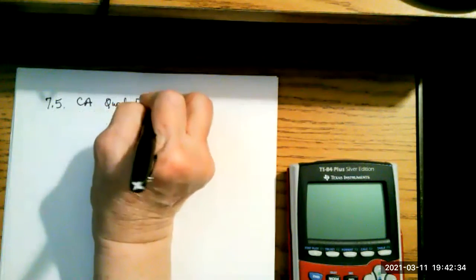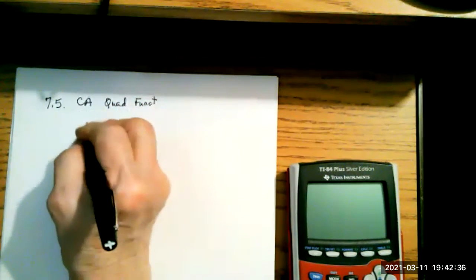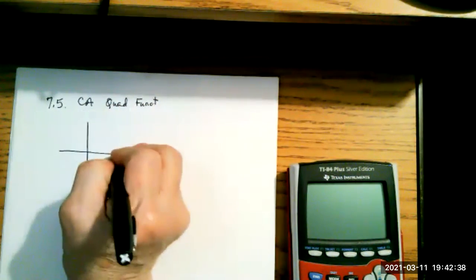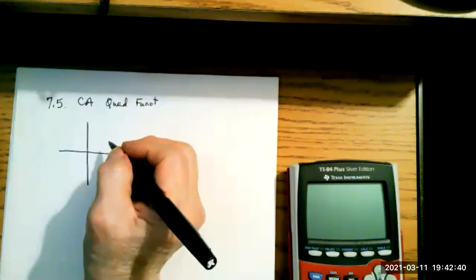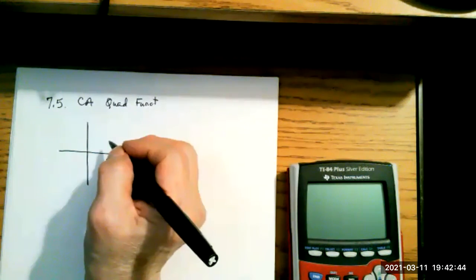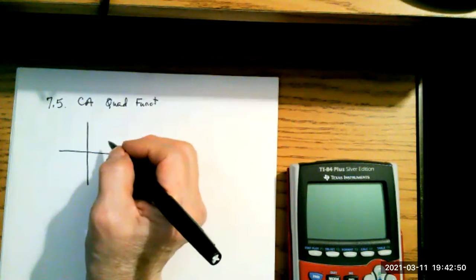And this is all going to be on quadratic functions. So it says use the graph of the quadratic function f of x equals a times x minus h squared plus k to find the vertex, the axis of symmetry, and the minimum or maximum value of the problem.